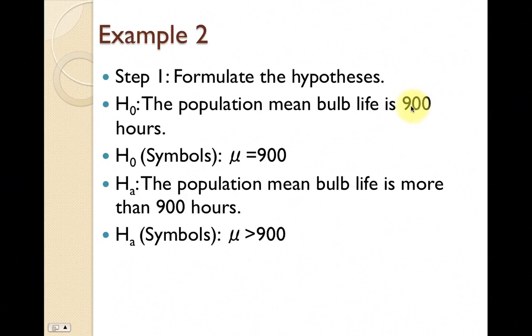The new bulbs are just the same as the old bulbs. The population mean for the new bulbs is 900, just like the old light bulbs. The counterclaim is that the new bulbs are greater in bulb life than the old bulbs. So mu is greater than 900.